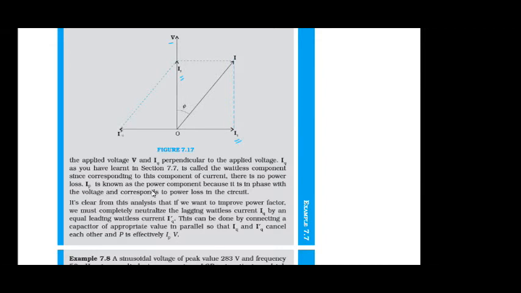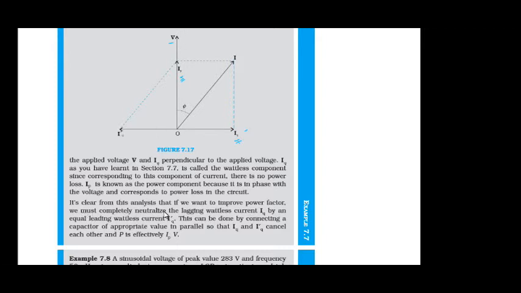So IP is known as the power component because it is in phase with the voltage and corresponds to the power loss in the circuit. Only IP is responsible for the power loss, because it is in phase with the voltage.